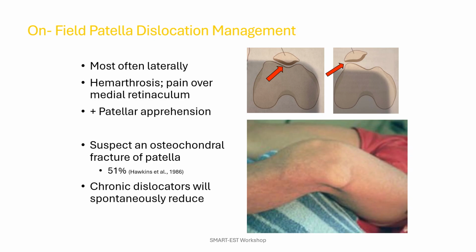You should suspect an osteochondral fracture of the patella or possibly the lateral femoral condyle, since over 51% of all patella dislocations result in some type of fracture. Chronic dislocators will often reduce spontaneously.